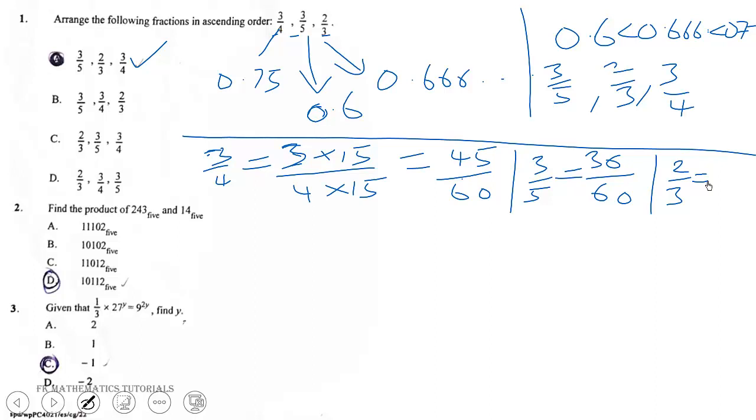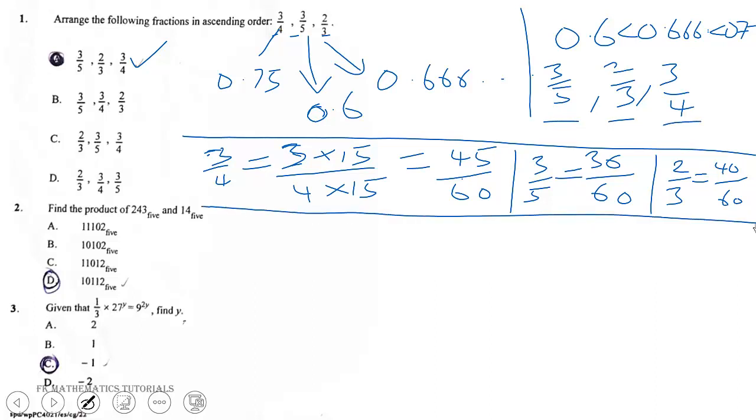So you get 40 over 60. So you can see that 36 is less than 40 is less than 45. So therefore you get 3 over 5 is less than 2 over 3 is less than 3 over 4. So you can use this approach too to arrive at your answer.